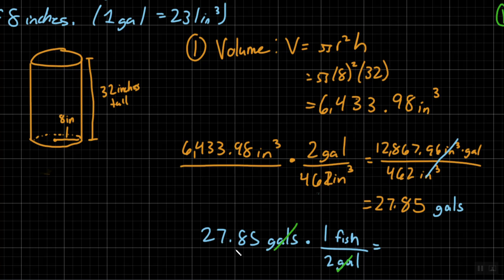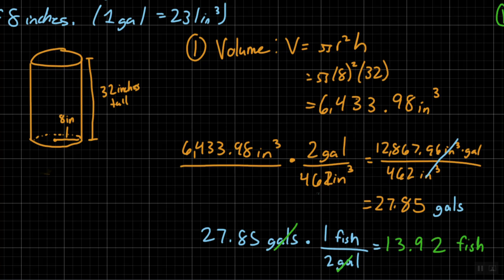I have 27.85 gallons times 1 fish divided by 2 gallons. Yeah, divided by 2. So if I divide that by 2, we would have 13.92 possible. And this is fish.